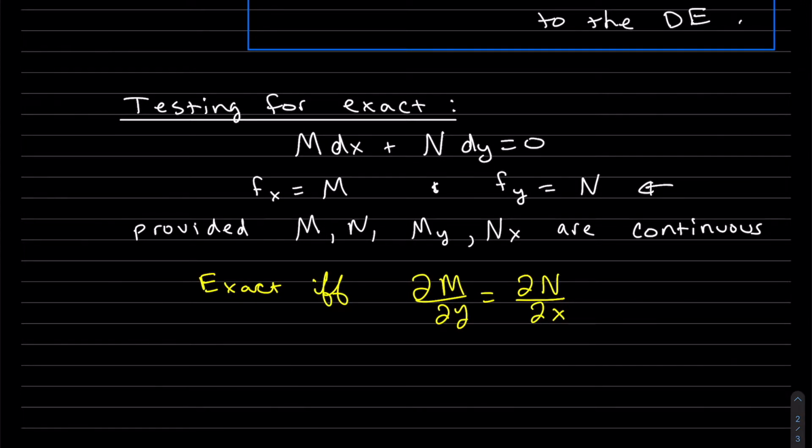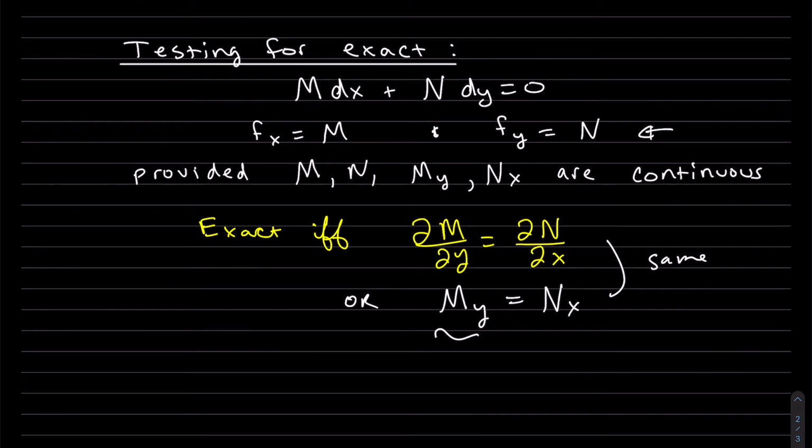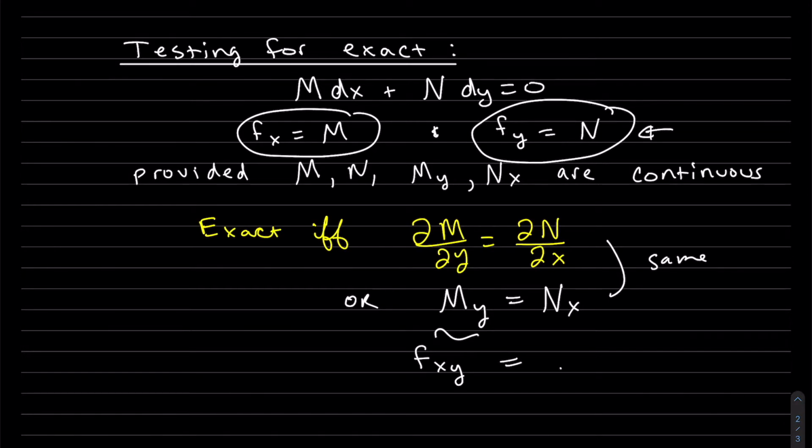Going back to our other notation, this is basically just M_y equals N_x. It's the same notation. Since M is f_x, this is f_xy, and since N is f_y, this is f_yx. You remember those notations from Calc 3. If those are equal, then it's exact. And we can use either notation, so that's the same thing.